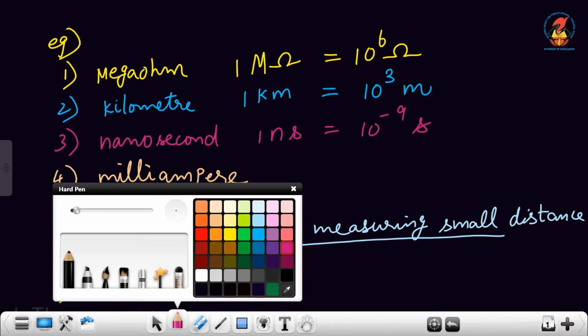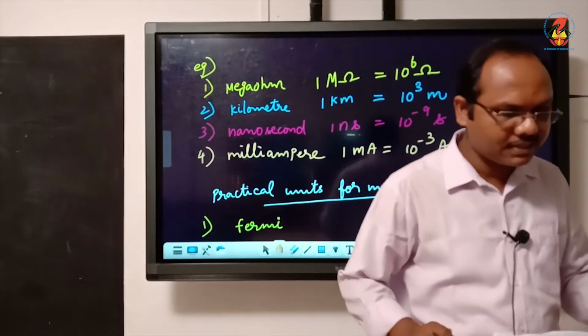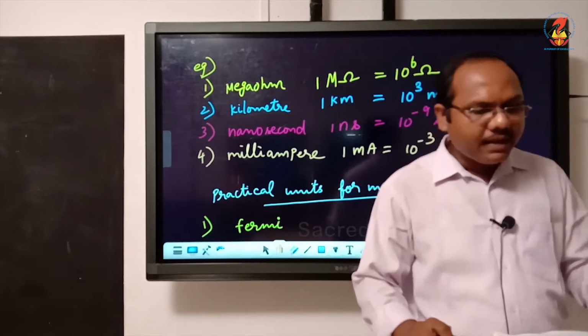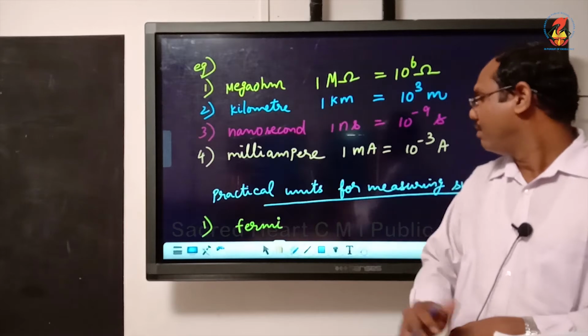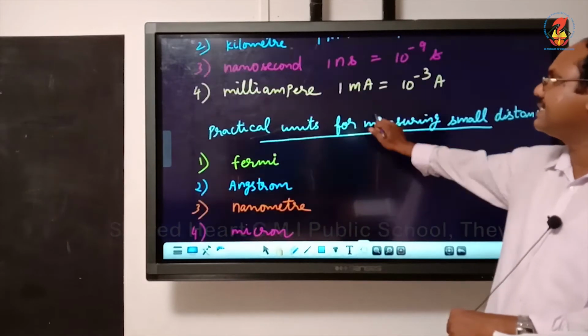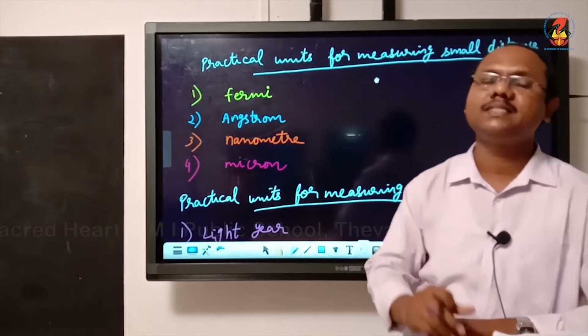And milliampere, you are familiar with milliampere. So 1 milliampere is equal to 10 raised to minus 3 ampere. So these are the certain examples. Now let us discuss what are some practical units for measuring small distance.